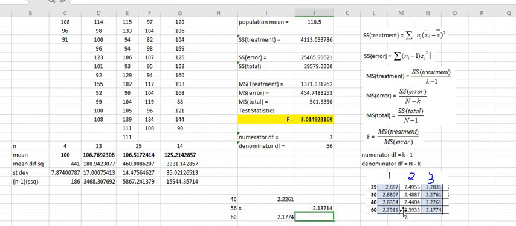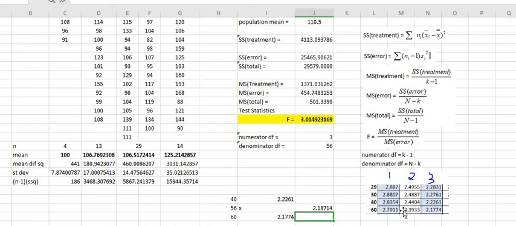Okay, enter. Yon, 2.18. Pwede na. Okay. So, our F here is 2.18. Pa-double check na lang nito, ha, baka may mali ako dyan sa F na yan.